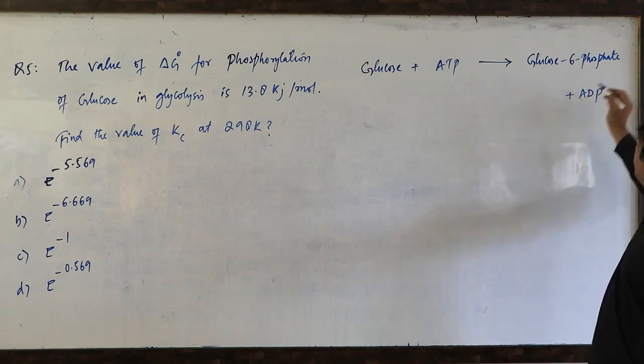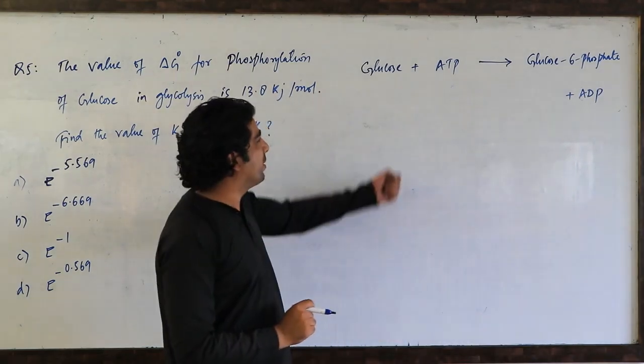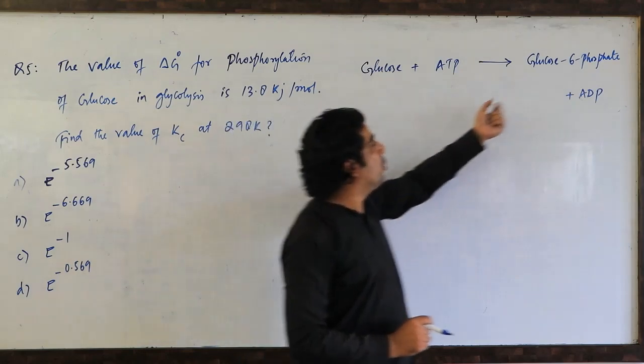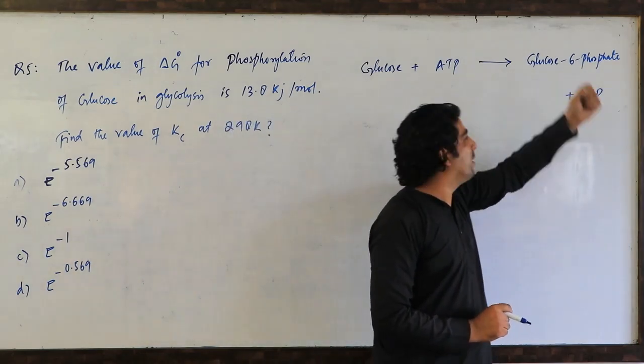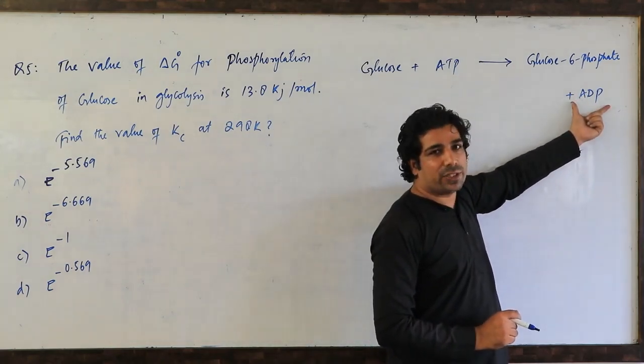So ATP will provide one inorganic phosphate to glucose. Glucose will become glucose 6-phosphate, and this ATP will change into ADP, that is adenosine diphosphate, correct?